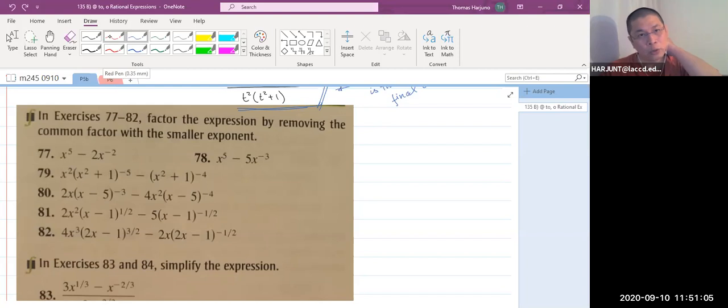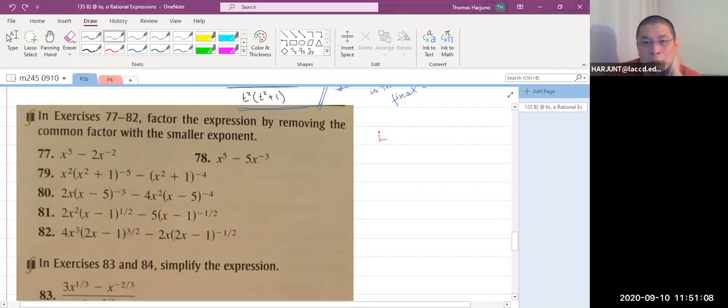Now let's look back at what we have done before. For example, suppose I have x to the 5th minus 7x squared. When we do the common factor, we pull the smallest exponent out, right? So I take x squared out, and the first term will be x to the third.